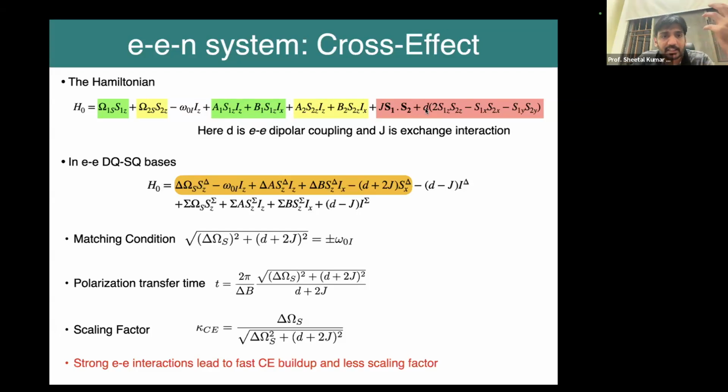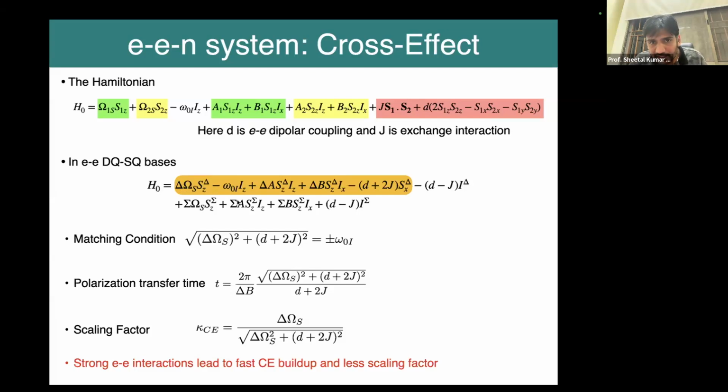Now, here the first step would be to go to the double quantum, zero quantum basis of electrons. So this should not be S here, it should be Z here. If we do that, we can write this combination just like the sum and difference of the two. It turns out that delta is the difference of the two.